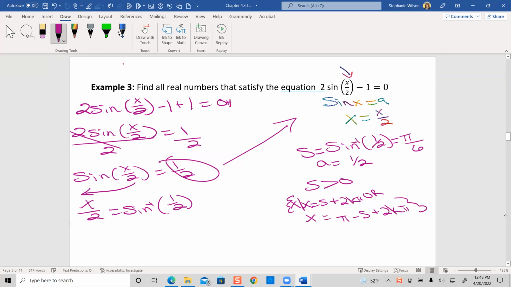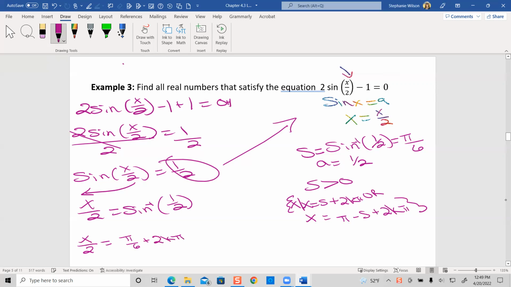So now that we've done that, when we want to find the smallest, and this might help you with the previous one, x over 2, we know that s, in this case here, is pi 6 plus the 2k pi.